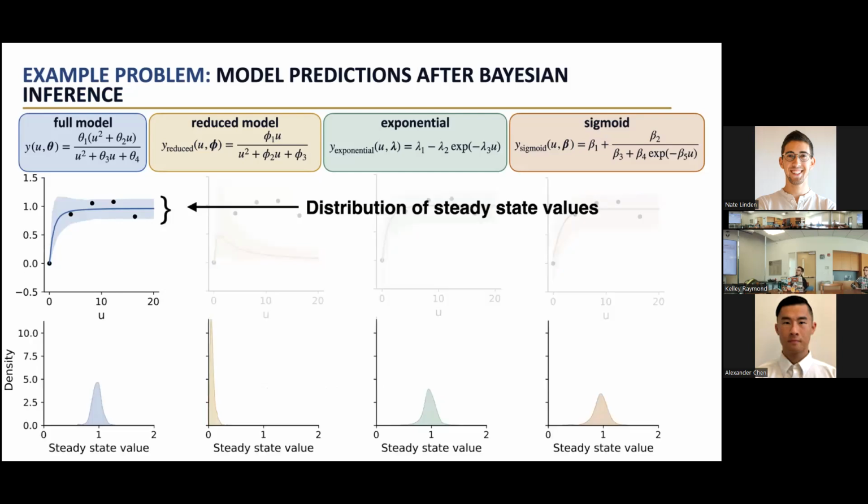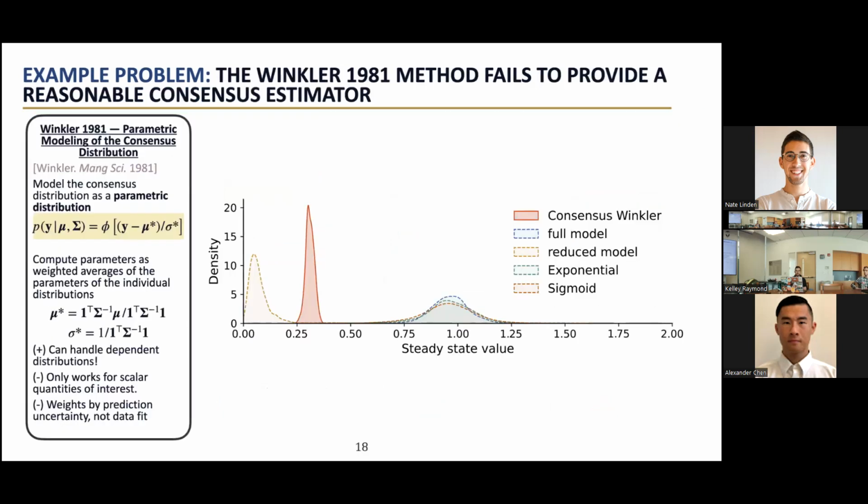So I'll just look at the steady state value and I get distributions for the steady state value under each model. Now we want to combine all of these distributions into a consensus distribution. If we use the Winkler approach, we see something that looks like this. The 4 original distributions are in these dotted lines, and then the consensus distribution is this spiky distribution in the middle.